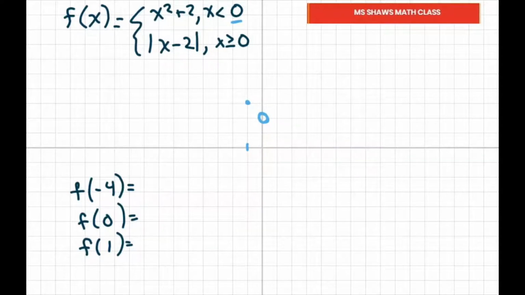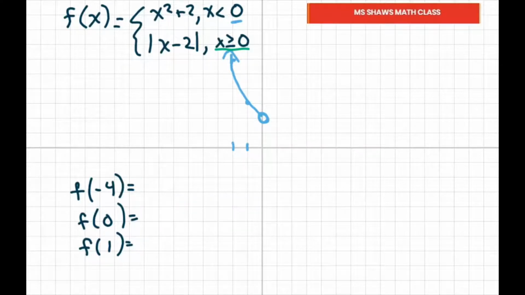And if I do negative 2, negative 2 squared is 4 plus 2 is 6. So this is 3, 4, 5, 6. So it's up in there, something like this. It's a quadratic that got shifted up by 2, but we're only doing the left side of 0.